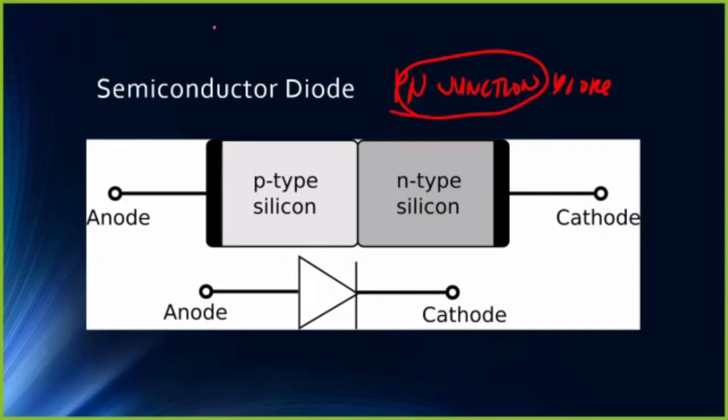Semiconductor kasi it's made of semiconductor materials, P-type and N-type. PN, ibig sabihin yan, may P-type na semiconductor at may N-type na semiconductor. Pinagdikit. So yung dikitan nun, yung dugtungan niya, ang tawag doon ay metallurgic junction.